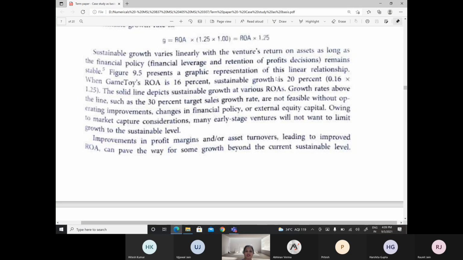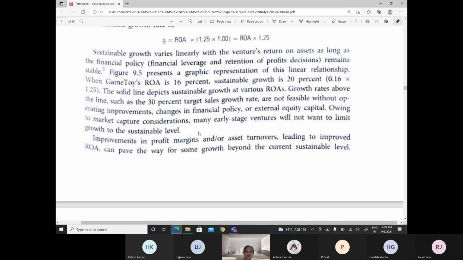So figure 9.5 presents a graphic representation of this linear relationship. When game toys ROA is 16%, sustainable growth is 20% or 0.16 into 1.25. The solid line depicts sustainable growth at various ROAs. Growth rates above the line, such as 30% target sales growth rate, are not feasible without operating improvements, changes in financial policy, or external equity capital.